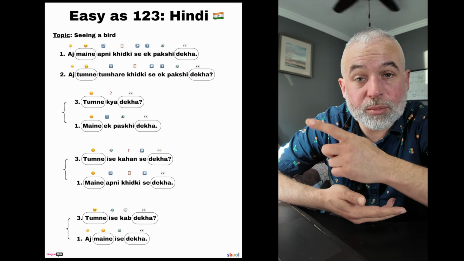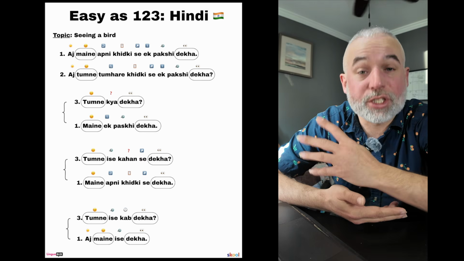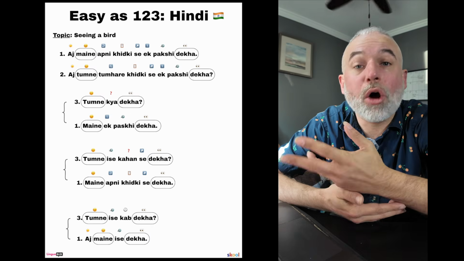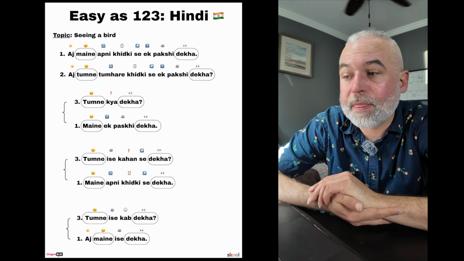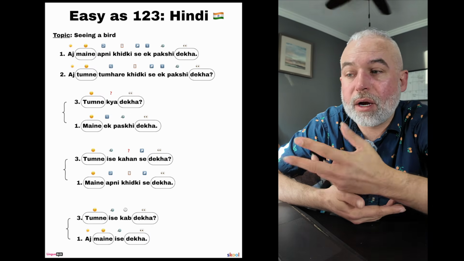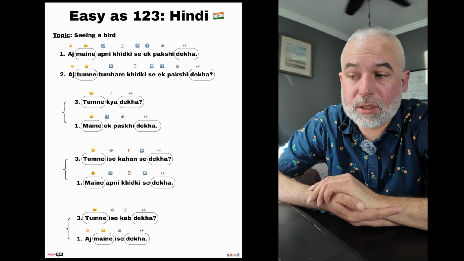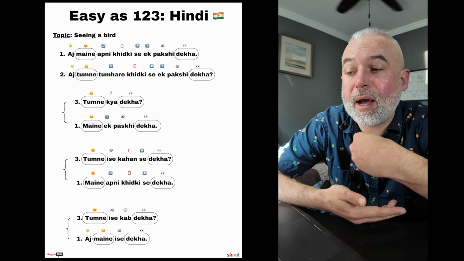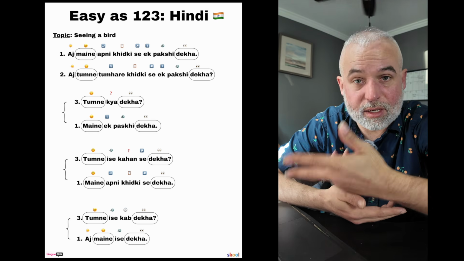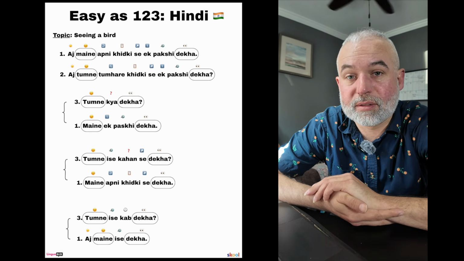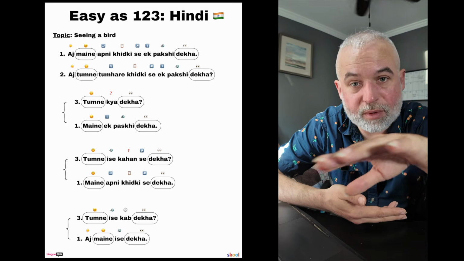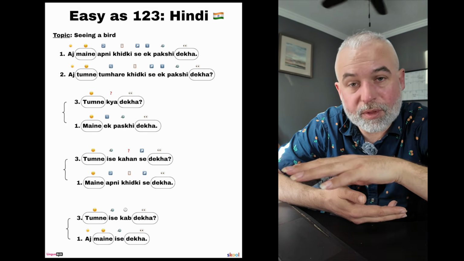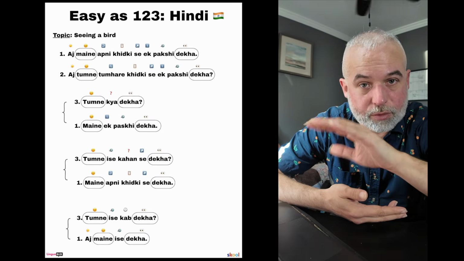We established in bracket one that I saw a bird. So what'd you see? I saw a bird. Oh, where'd you see it? Okay. Or how'd you see it? Tumne ise kahan se dekha. From where? Kahan se. So tumne ise kahan se dekha. And I say, oh, maine apni khidki se dekha. Not from the door, not from the porch, but through the window.